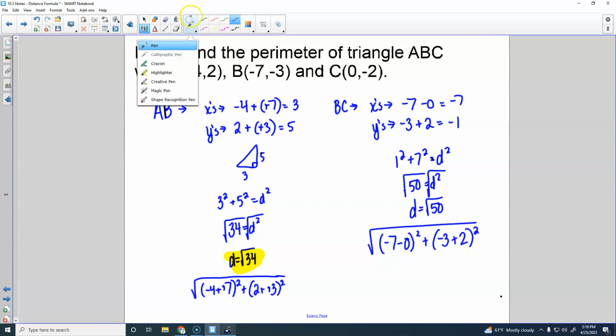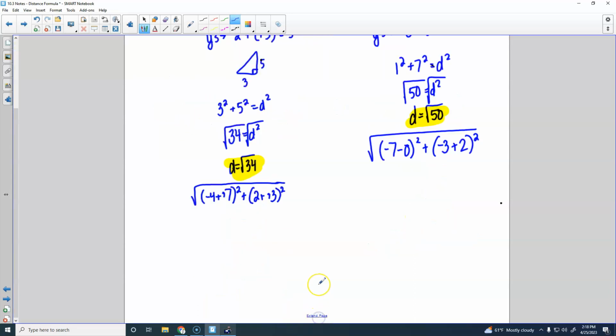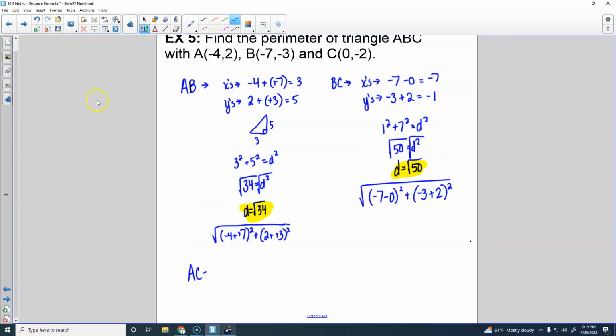All right, so we've got 2 of the sides. What would the last side be? We did AB and BC. What's the last one? CA or AC. So for AC, oh gracious, can't see it.